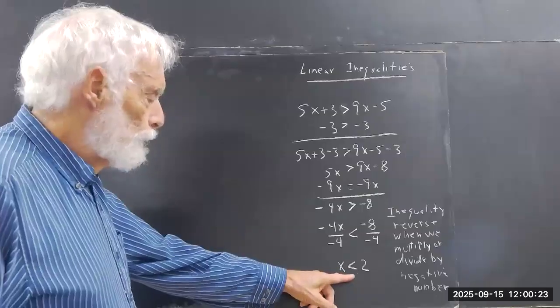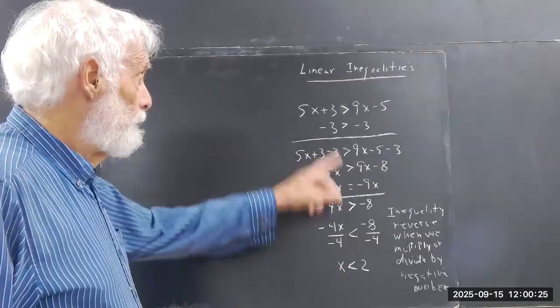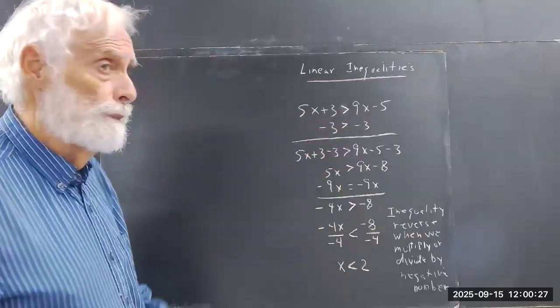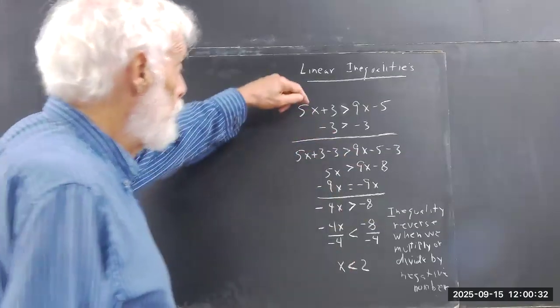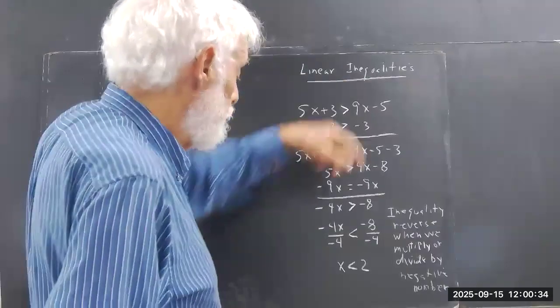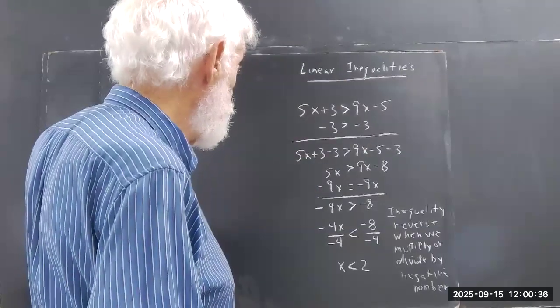First of all, if x equals 2, are the two sides equal? Plug in 2 to both sides here and simplify what you get.